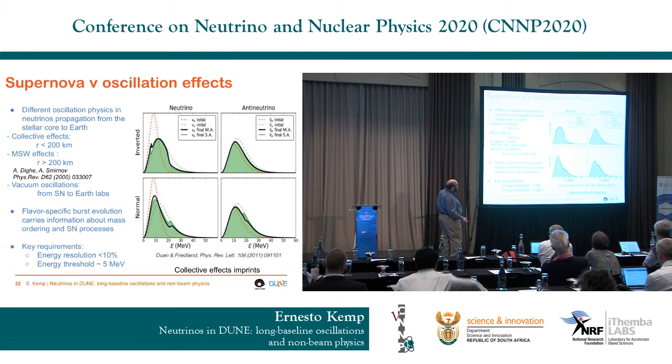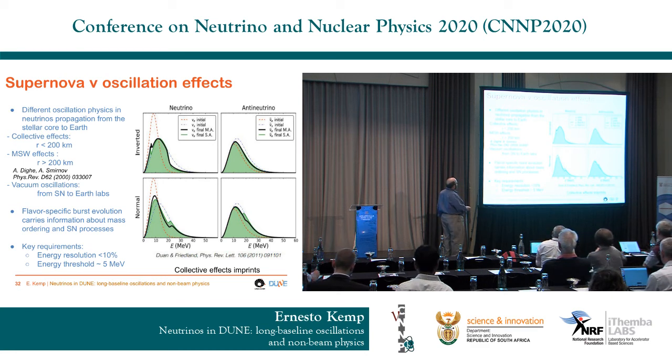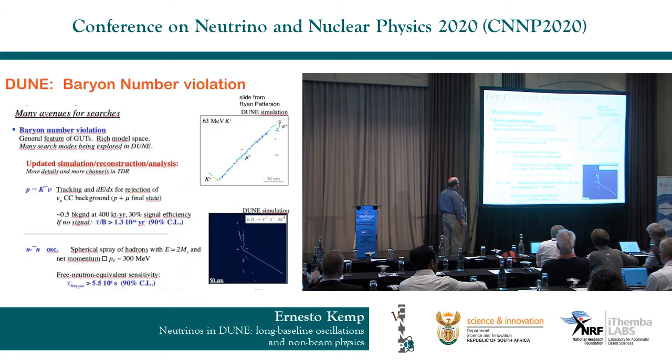And since we expect a large number of events, it's possible in principle to observe this kind of collective effect, which is very different from the swap between flavors due to the MSW effects that occur outside the neutrino sphere.